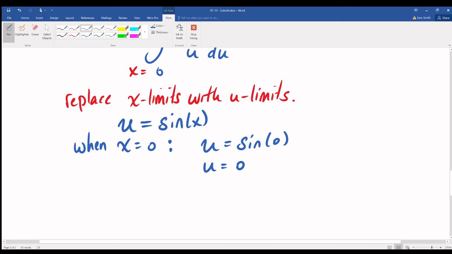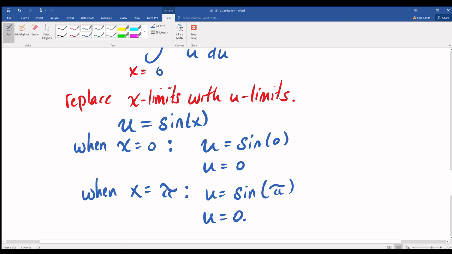When x is pi, u is equal to sine of pi. So, fascinatingly, this u value is 0 on both the left and the right hand side of this region.